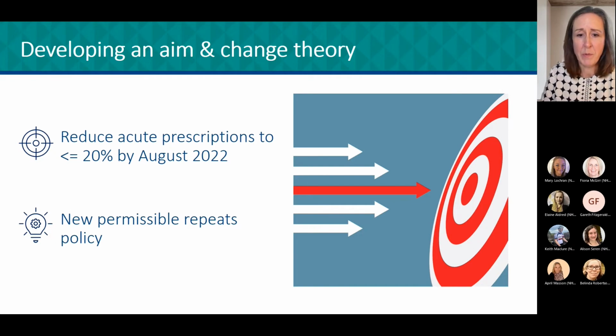And what do I mean by a permissible repeats policy? That is guidance for our practice team about moving acute prescriptions onto a repeat prescription for a limited number and amount of time before review. And we decided to target that new repeats policy about those most commonly prescribed acute drugs that we'd identified from our Pareto chart. So next slide, please.